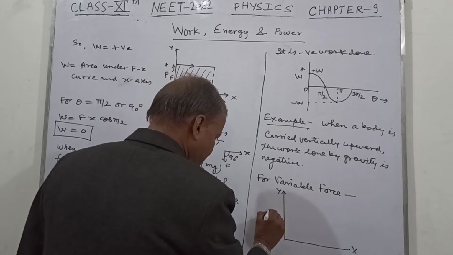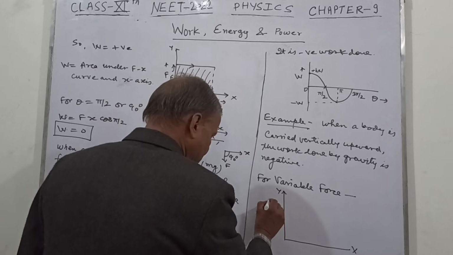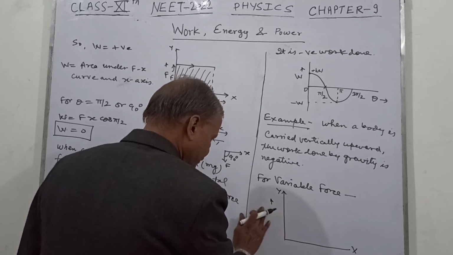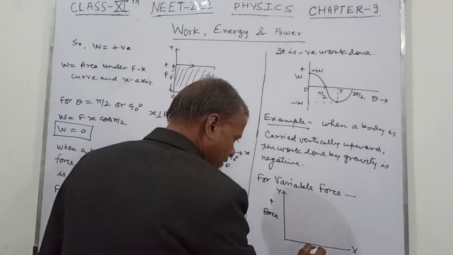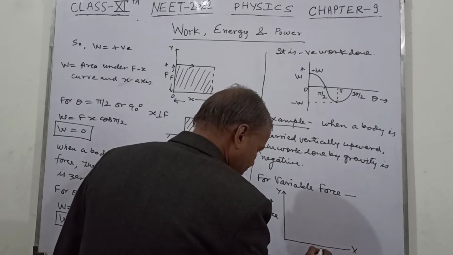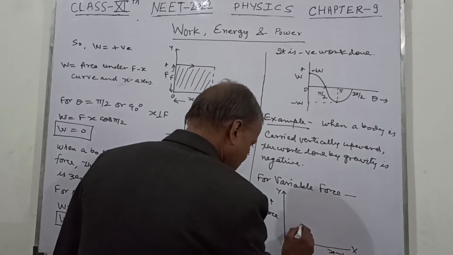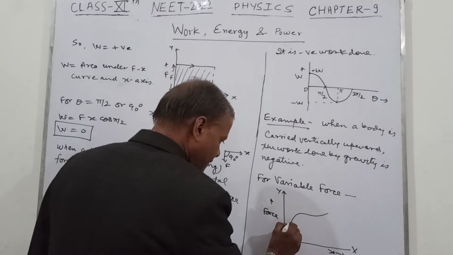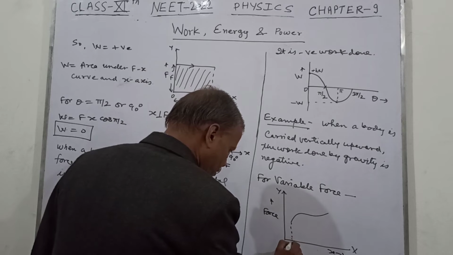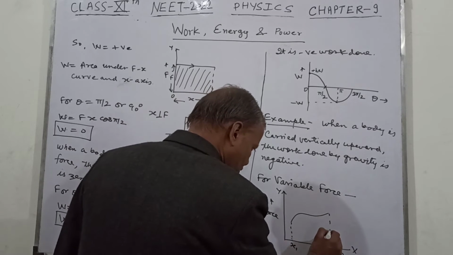Here is the force F that is applied. Force, this is now displacement x, and the force is like this. Then what we have, this is now suppose x1, and this is now suppose x2.